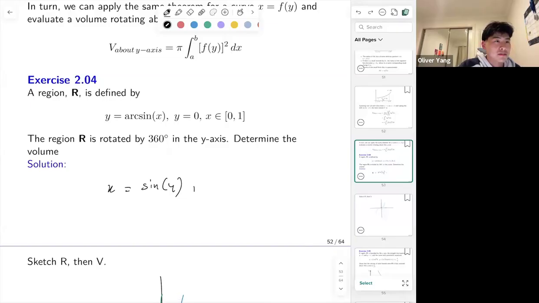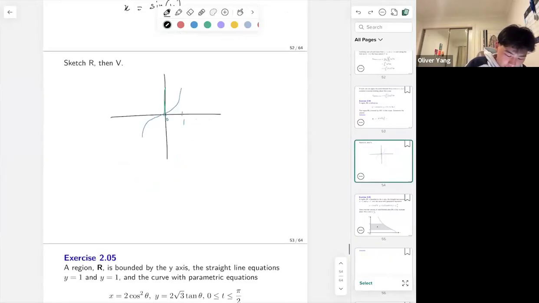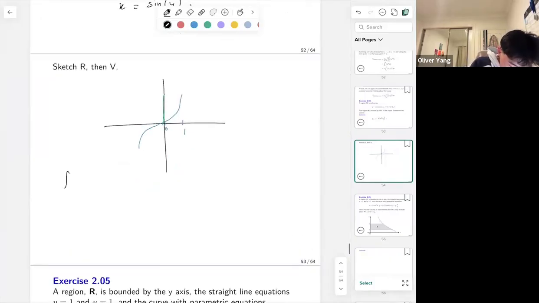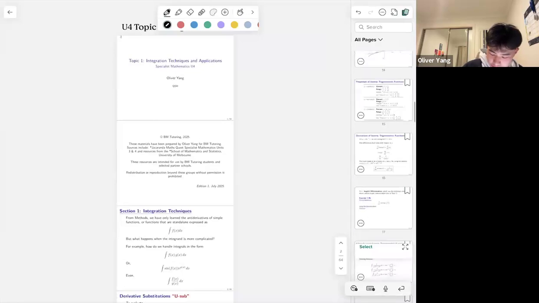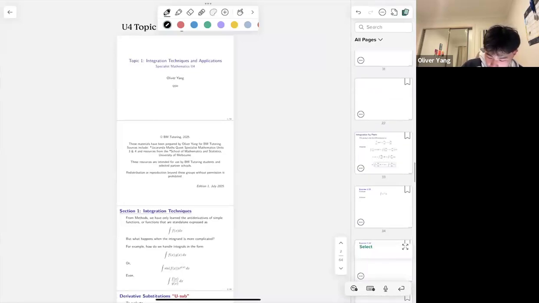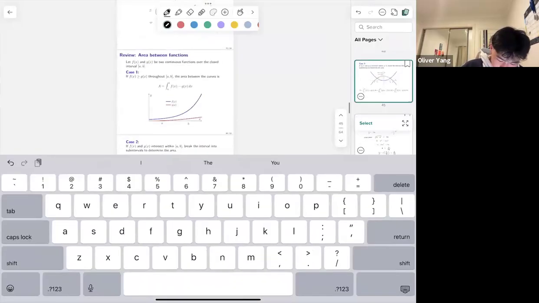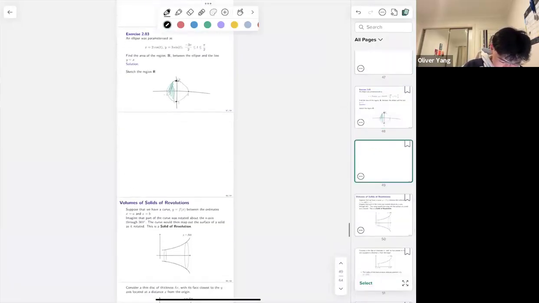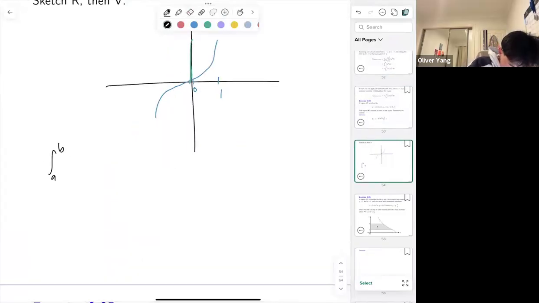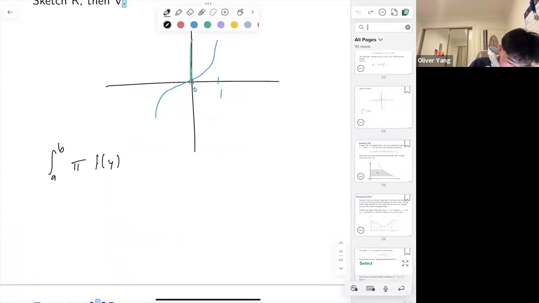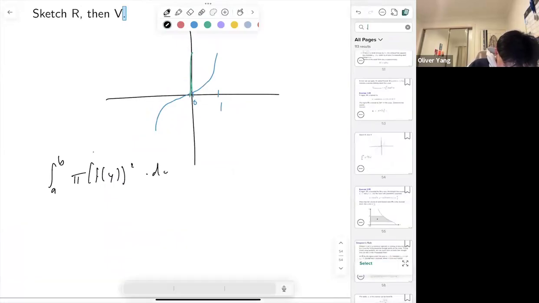Pi times the integral of the function squared. Yeah, but what are the terminals? Because we know our setup for this is the integral from a to b of pi times f(y) squared dy.